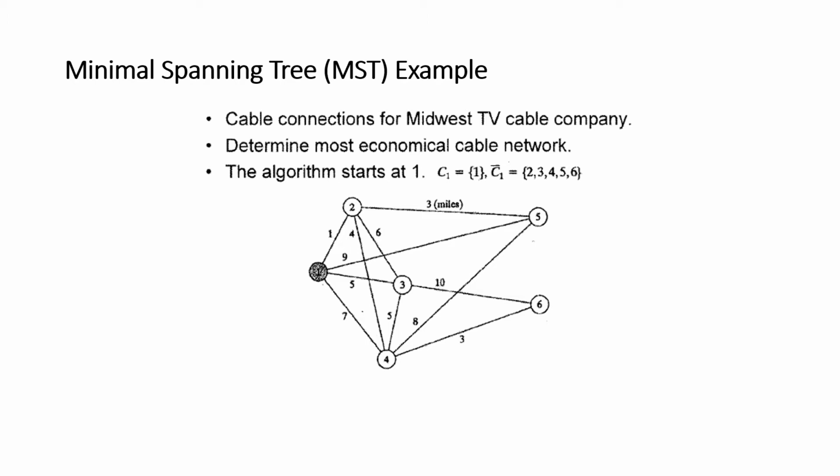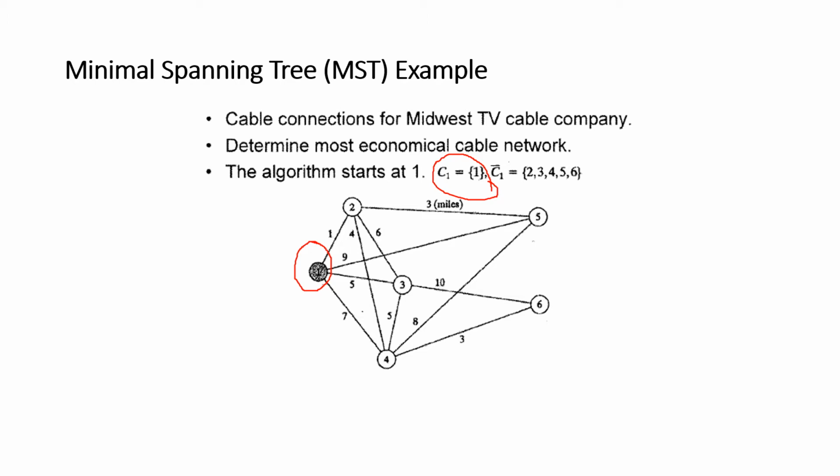As I said earlier, you start at any node. In this particular example, they started at node 1, so C1 becomes 1, and C1 bar is all other nodes, which is 2, 3, 4, 5, 6. So the first node is selected, but nothing is connected yet. The next node to select would be the shortest direct connection to any other node.